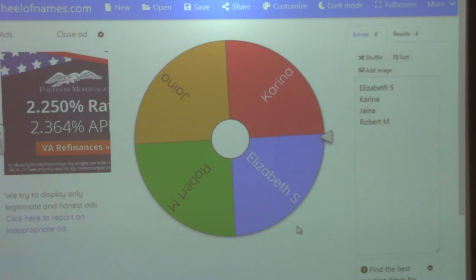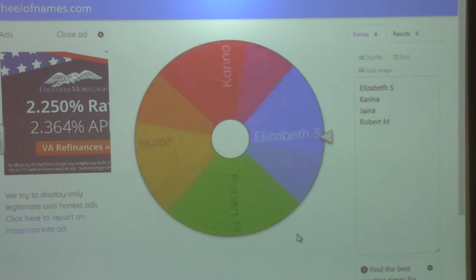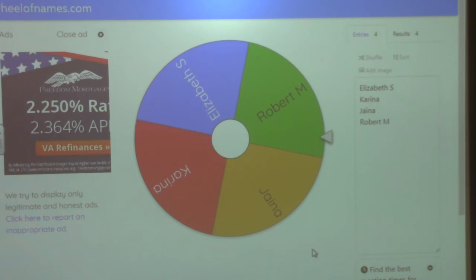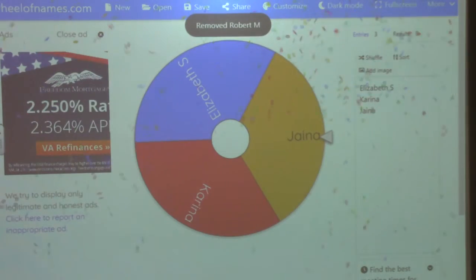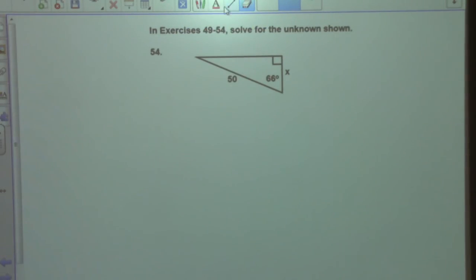Okay, 54. Robert. All right, Robert. X equals 20.337. 20.337. What equation did you set up first on this one?